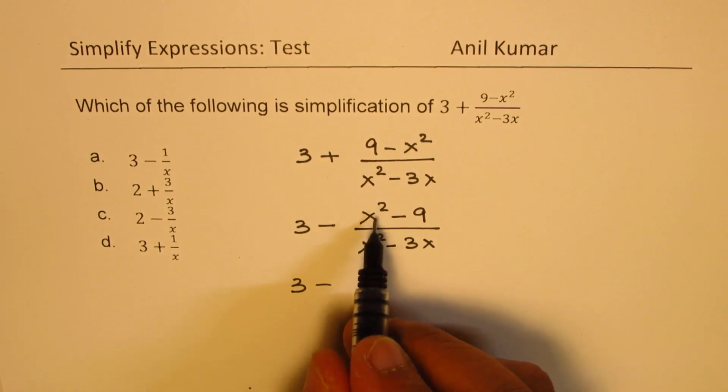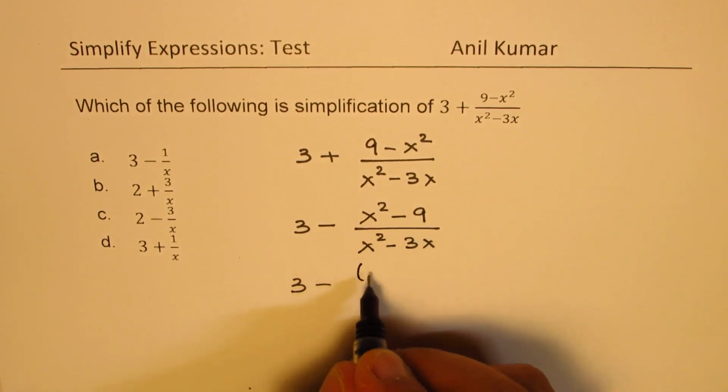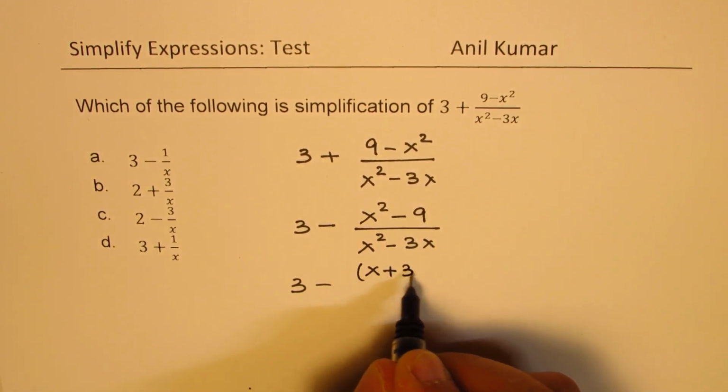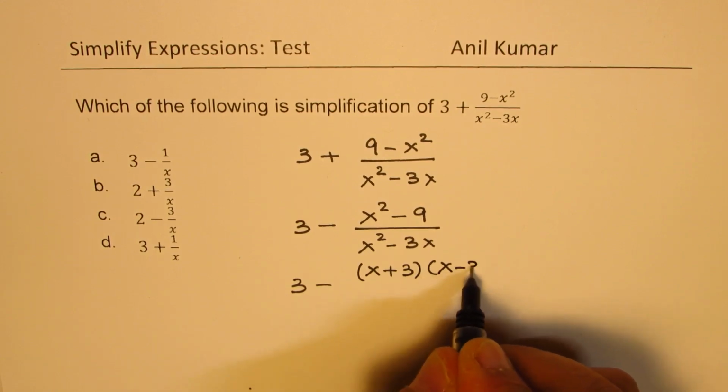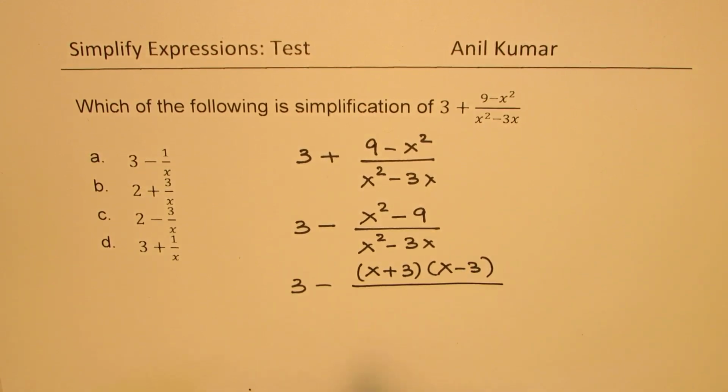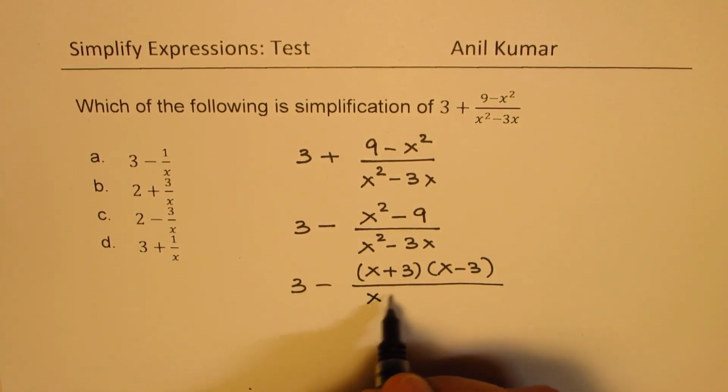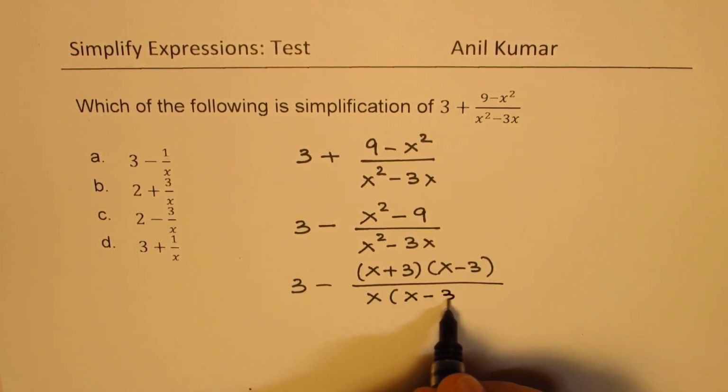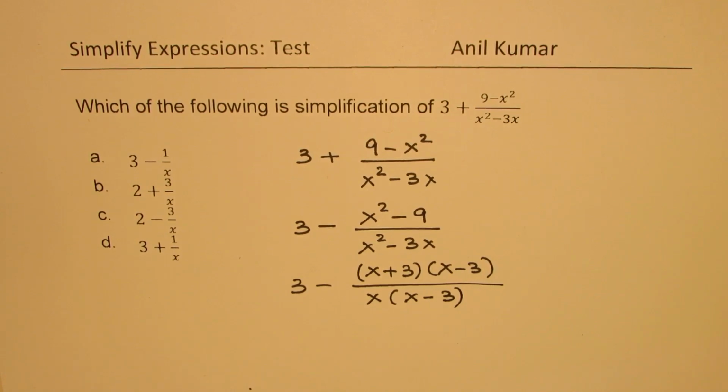Now, we can factor this as a difference of squares. It could be written as (x plus 3) times (x minus 3), correct? In the denominator, we can factor x out. So we get x times (x minus 3). Now x minus 3 is a common factor in numerator and denominator. It can be cancelled.